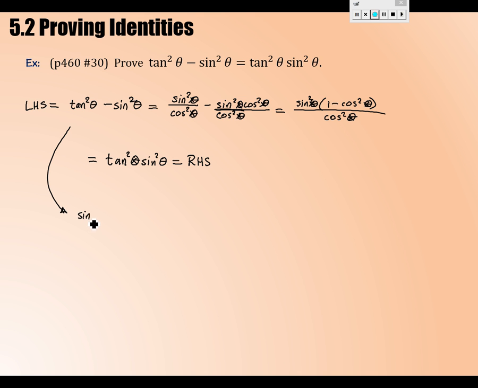You could rewrite that as sine squared theta times 1 over cosine squared minus 1, right? And then that's sine squared theta times secant squared minus 1, which is tangent squared. So either way, they're both the same level of difficulty, maybe.